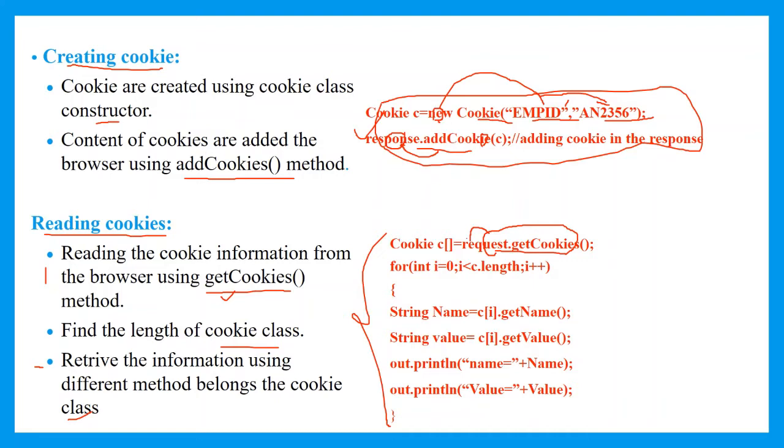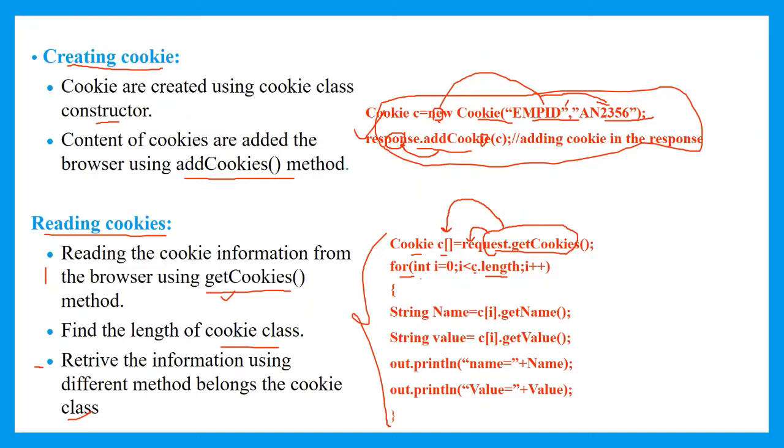With the help of an instance of the request interface, I am calling the method getCookies, and the return value of getCookies will be assigned to an array of cookie objects, because multiple values are going to be stored in the browser. So the return value will always be in the form of an array of cookie class objects. Now the second step: I need to find the length of the cookie array. To find the length, I have made use of a control statement called a for loop, and the length is used to find out the length of the cookie array.